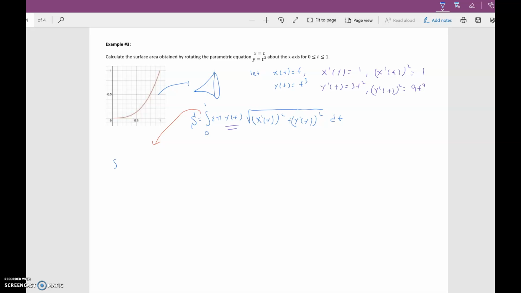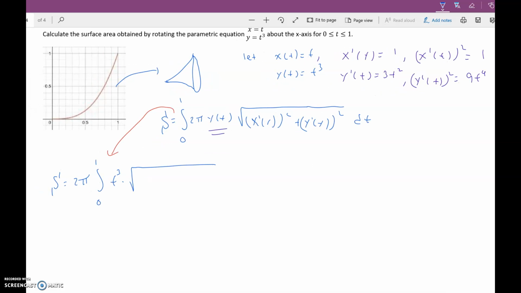So you're going to have that S is equivalent to 2 pi times the integral from 0 to 1 of t to the third power for y of t, times the square root of 1 plus 9t to the fourth dt.